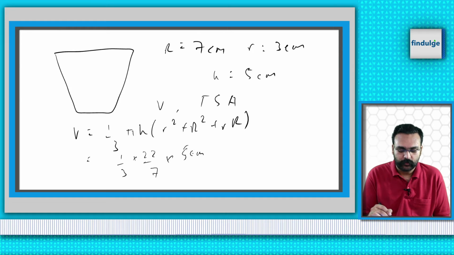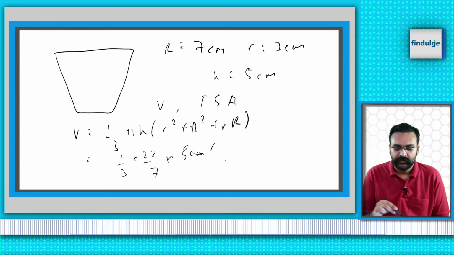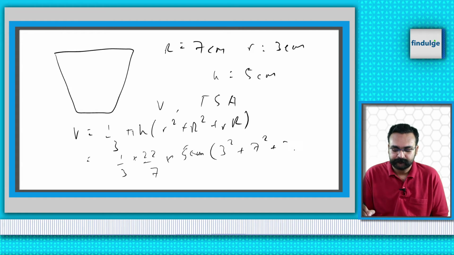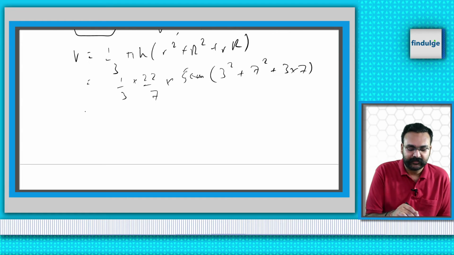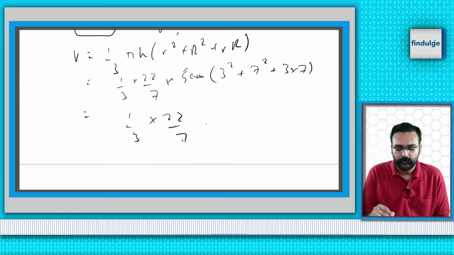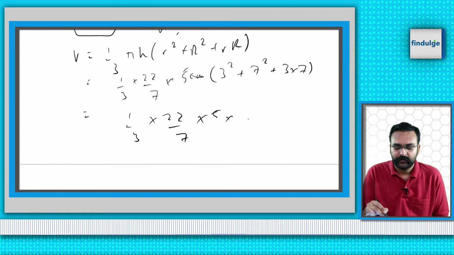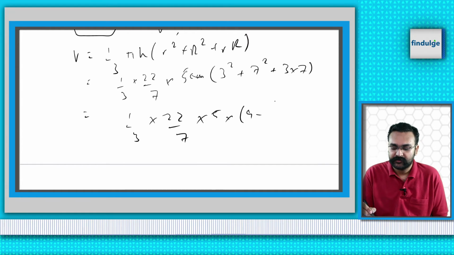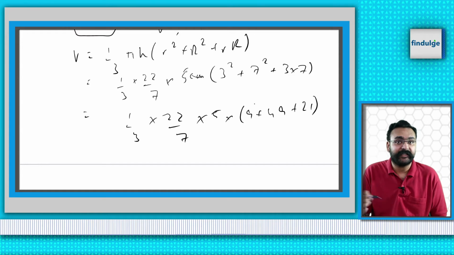Of course, we don't need the centimeters here. 3 square plus 7 square plus 3 into 7. And so we get that this is equal to 1 by 3 into 22 by 7 into 5 into 9 plus 49 plus 21. This is nothing but 79.